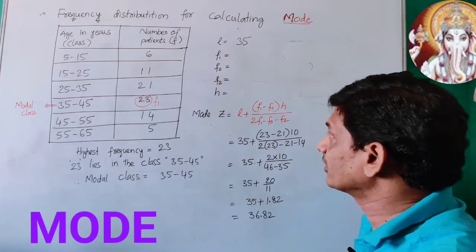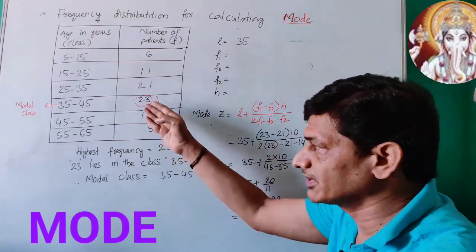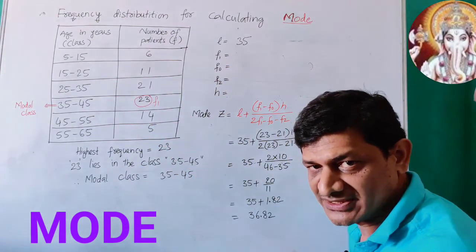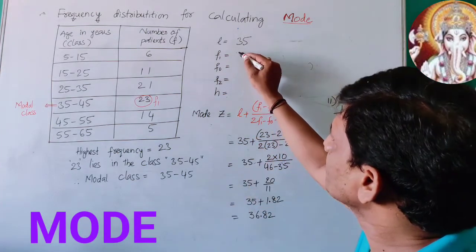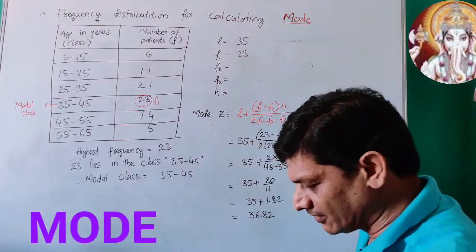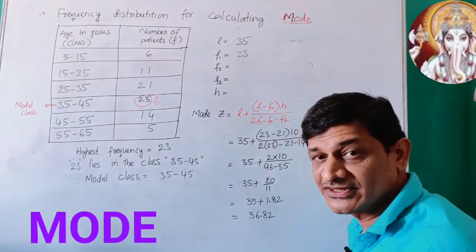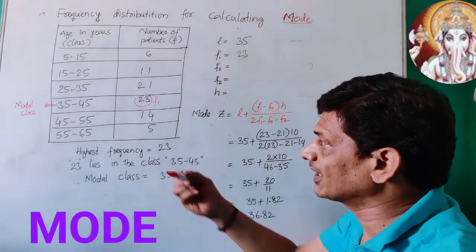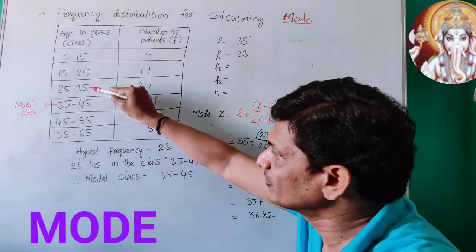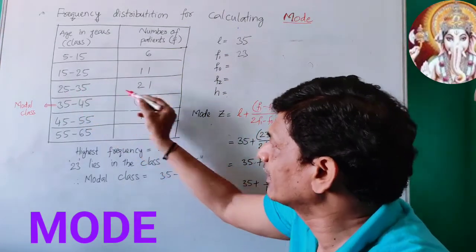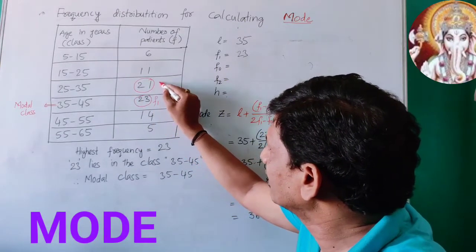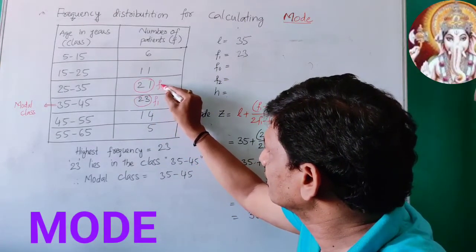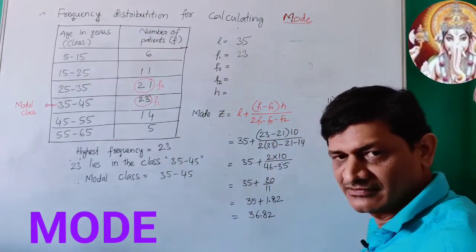Now coming to F1, I already told you F1 is the frequency of the modal class, that is the highest frequency. The highest frequency is 23. F0 is the frequency of the class preceding the modal class. The class preceding the modal class is 25 to 35. Its frequency is 21 and it is denoted with the letter F0.